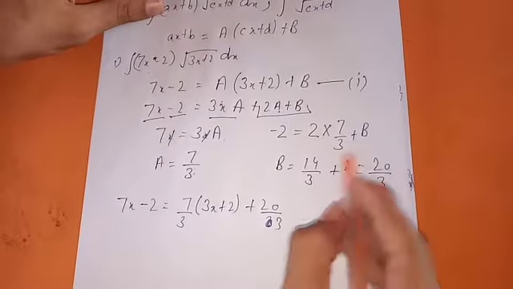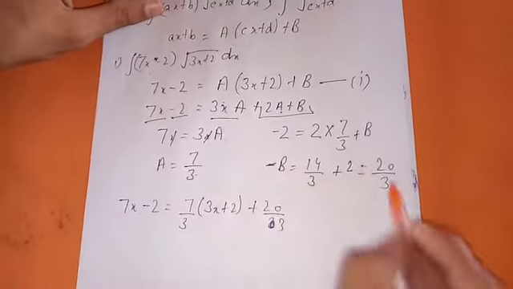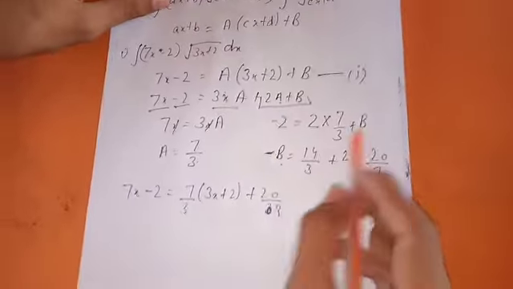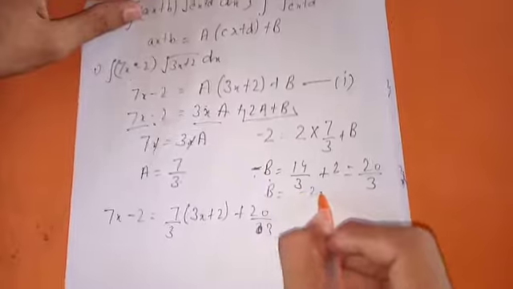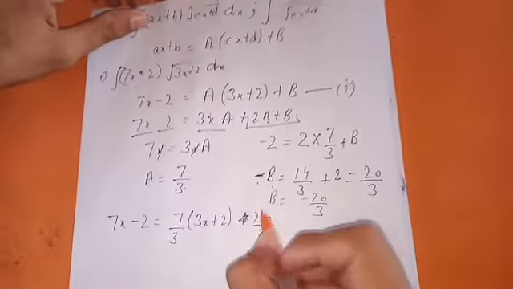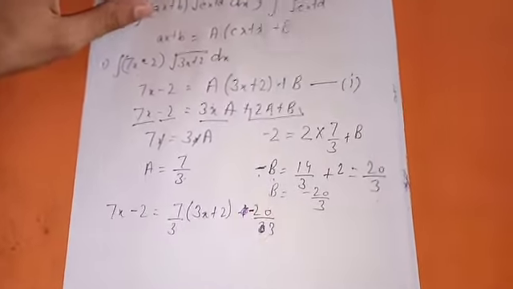Sorry, here we got the value of b as minus 20 by 3, so b will get a minus sign.